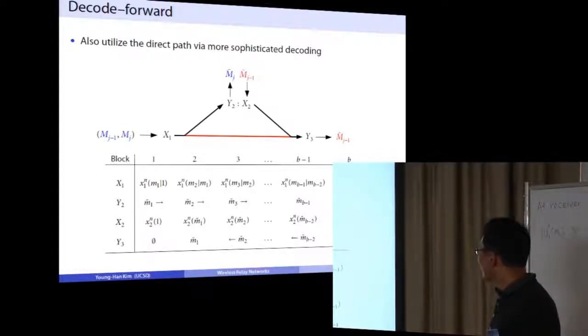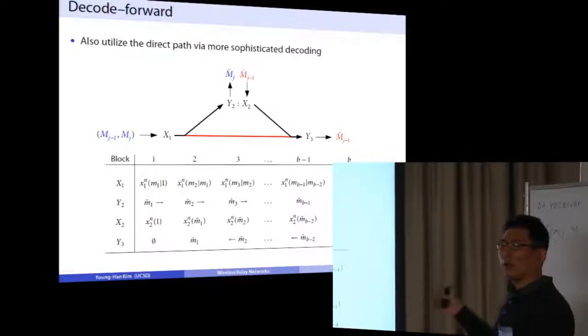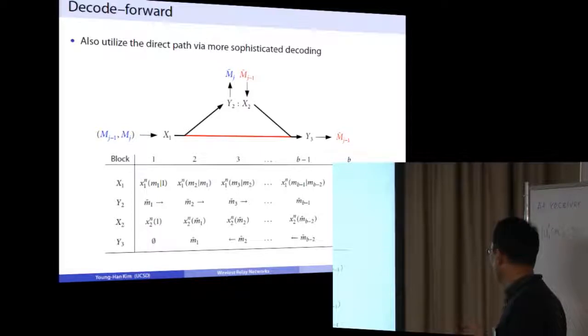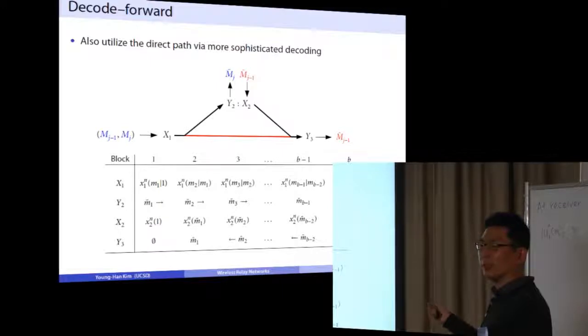Anyway, so here is the idea. The receiver doesn't try to decode at a time, but waits until the end of communication. At the end, we see that both X1 and X2 are trying to send M_{B-1}, and that is the only remaining uncertainty in what X1 is transmitting and what X2 is transmitting.